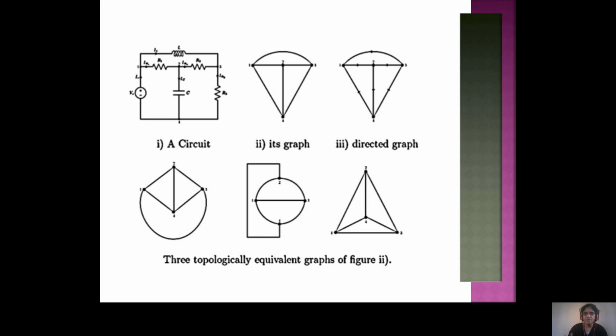But the connections must be preserved, whatever the relation is. If between 1 and 2 there is only a resistor, there is only one connection. Similarly 2, 3, and 3, 4, and 1, 4, 2, 4, and the 1 and 3 combination. Like that you have to represent the graph.